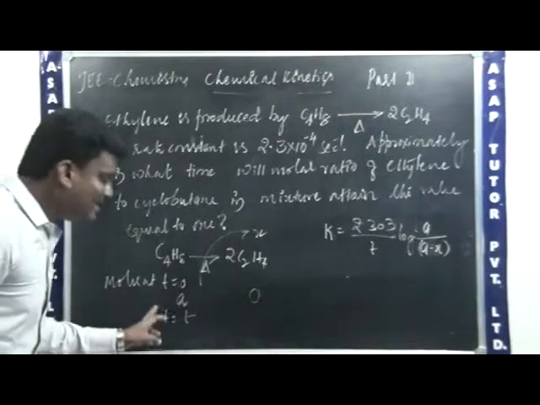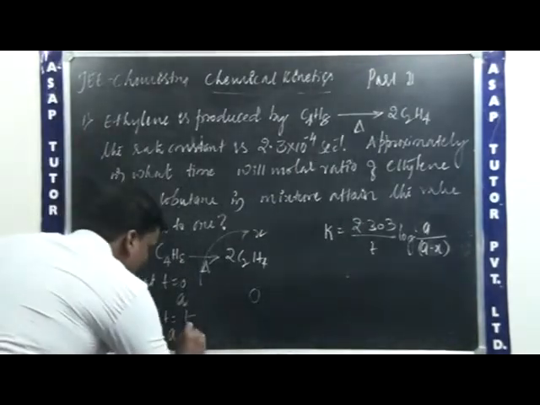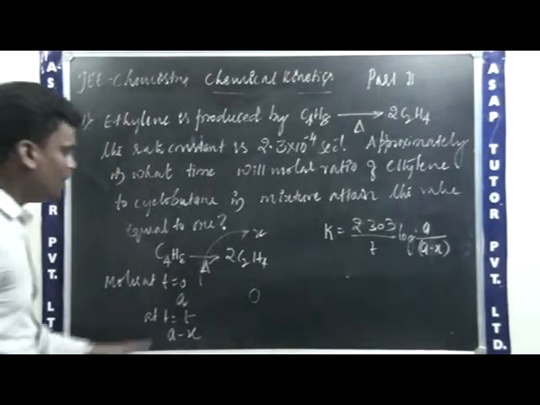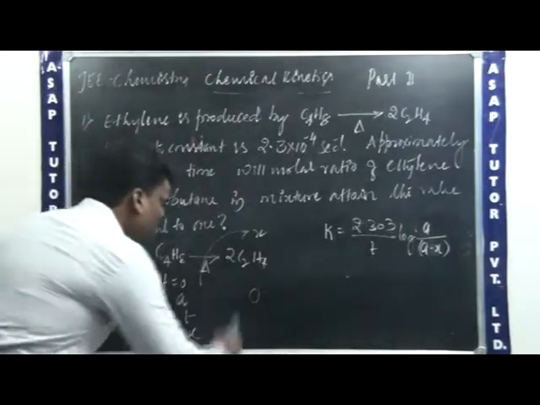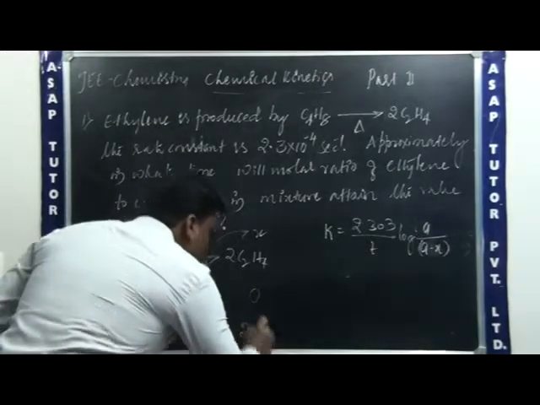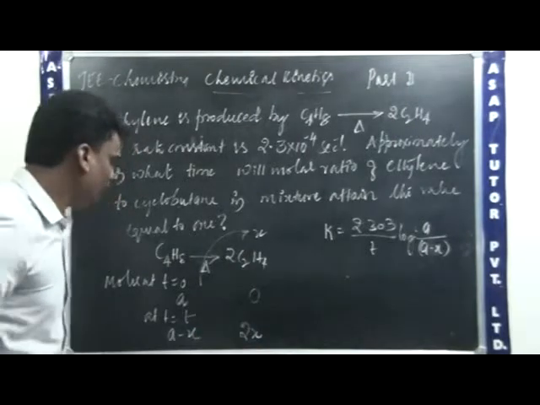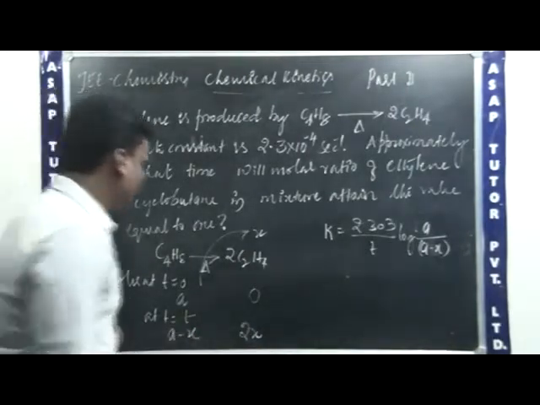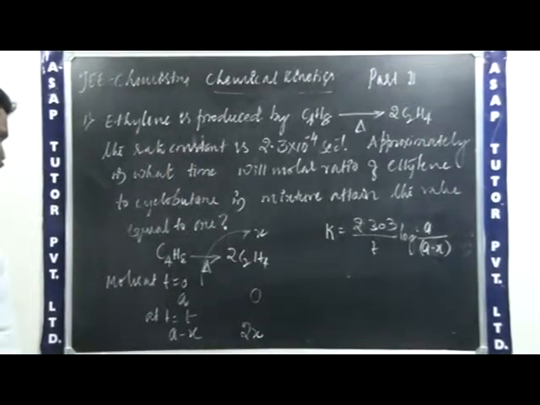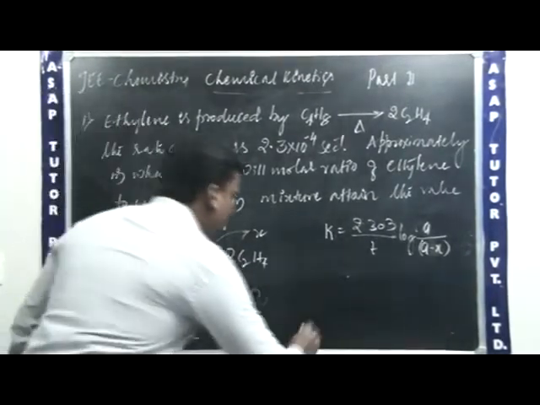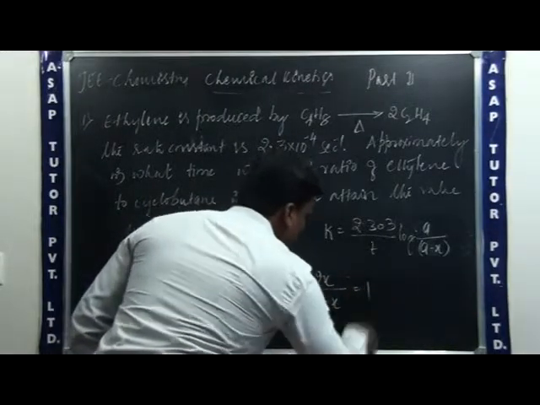Therefore, after time t, what will be the remaining concentration? I can take that as A minus X. Now, on the product side, what will be the concentration after time t? We can take that as 2x because there are 2 molecules. Therefore, I need to take 2x. Now, if I take the ratio, 2x divided by A minus X is equal to 1.